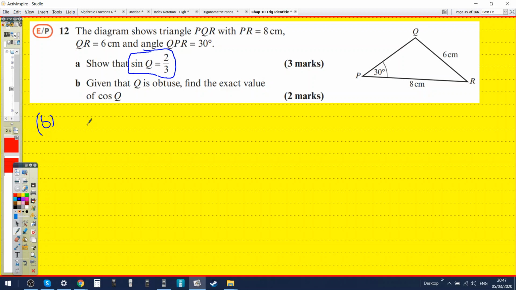Okay, so given that sine Q is 2 over 3, find cos Q. We don't need to use this triangle, do we? So we can just skip part A. Yeah, we just use that fact and then try part B.